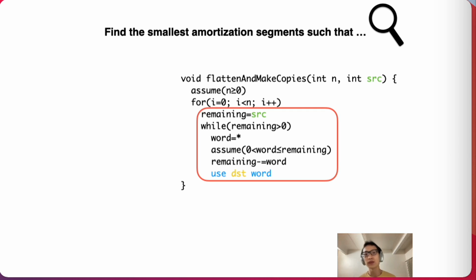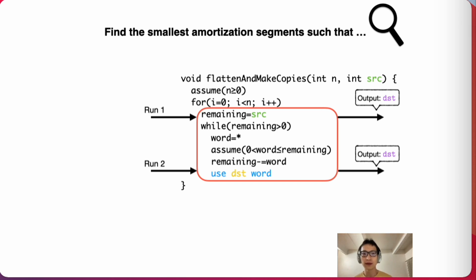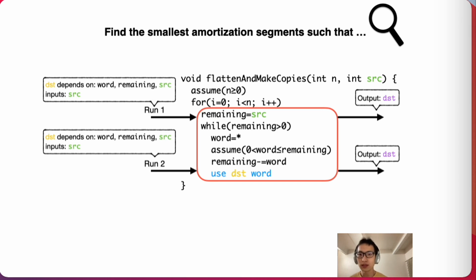Back to our example. Let's consider two rounds within the segment. What we care about is the value of the resource variable dest when exiting the segment, the output of the segment. Dest depends on word, remaining, and source. But for this segment decomposition, we see that source is the only input variable. So for any two rounds through that segment, as long as source is the same, dest will be the same.